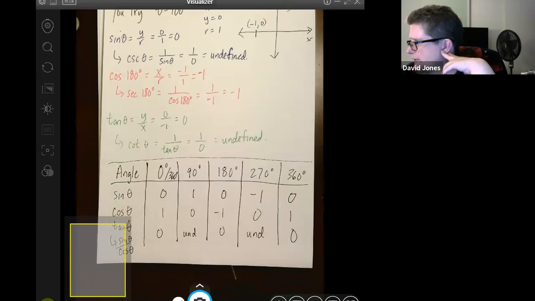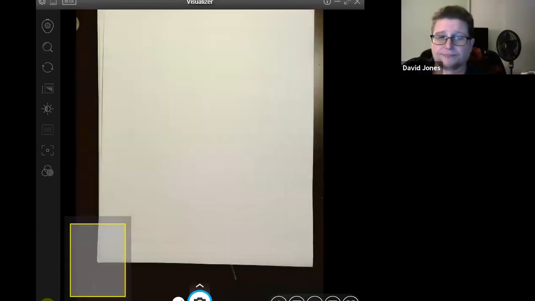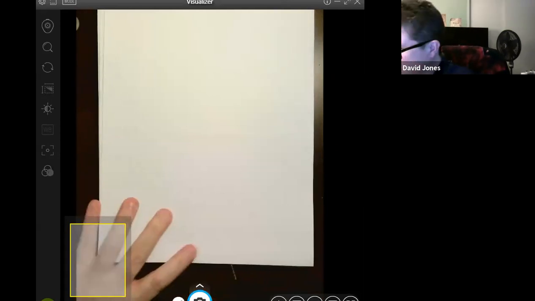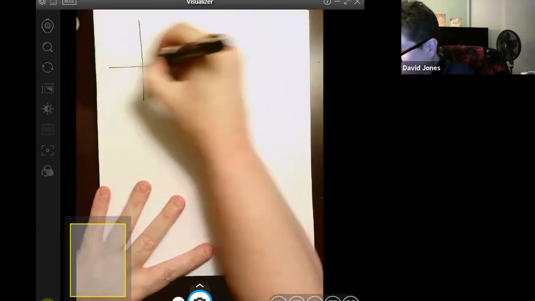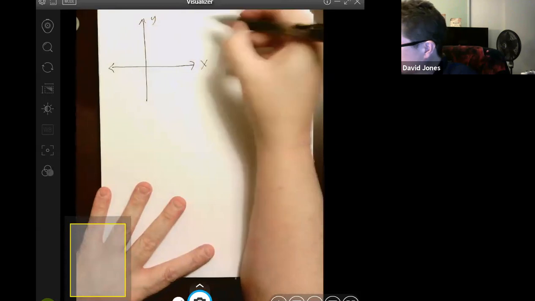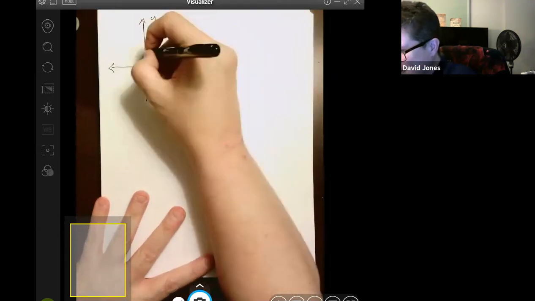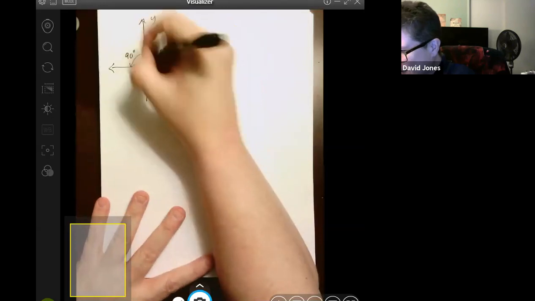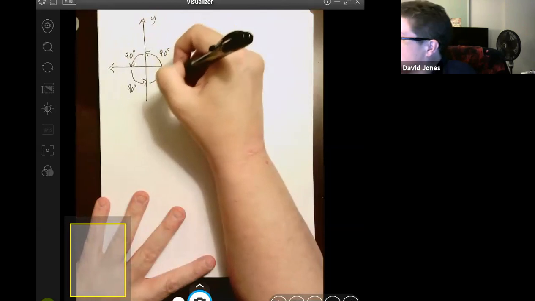So let's take a look at more of what's going on here. Let's do some more analysis. So we got our circle here, our unit circle. Here we go 90 degrees, another 90 degrees, another 90 degrees, another 90 degrees.